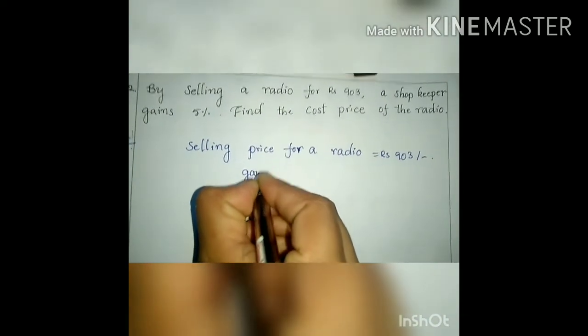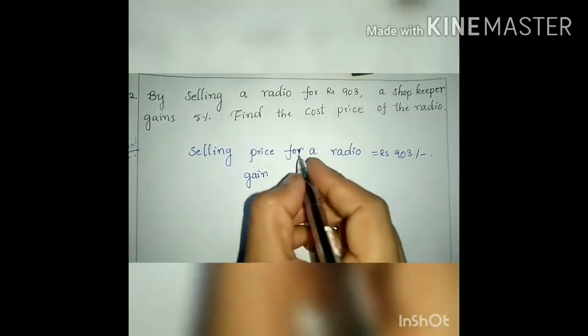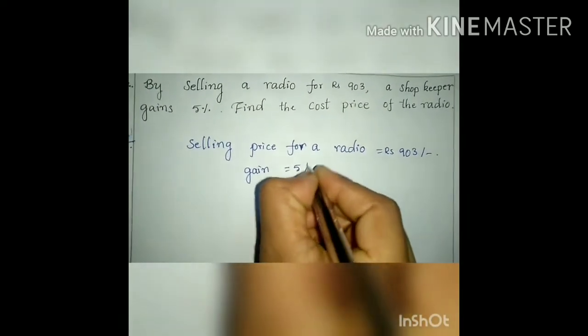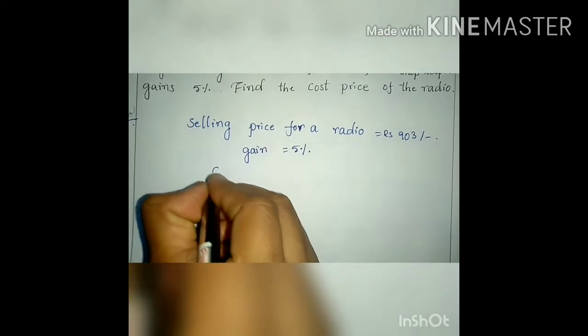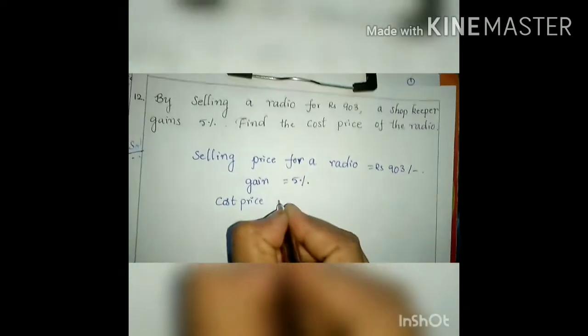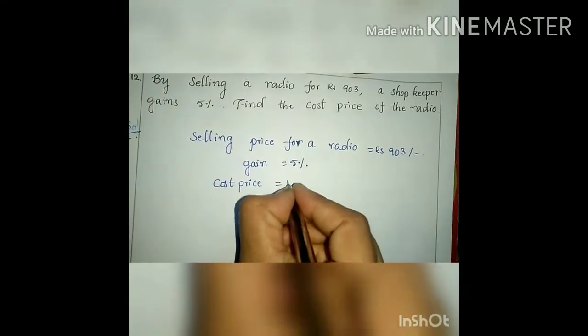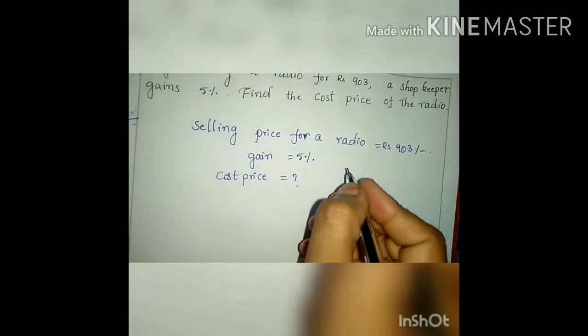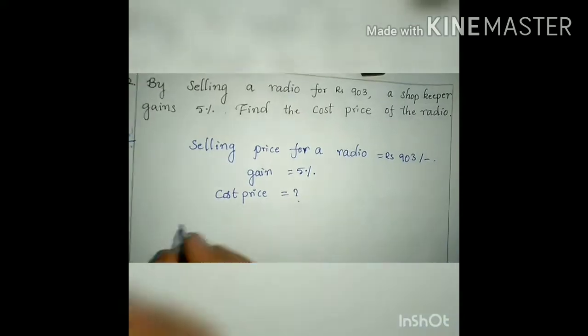Gain: how much is the gain? 5%. Cost price equal to, we have to find it. Cost of the radio equal to, find.